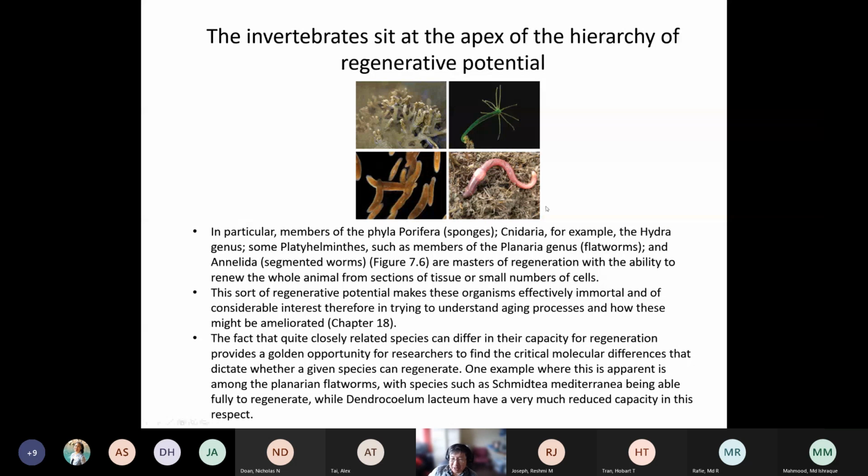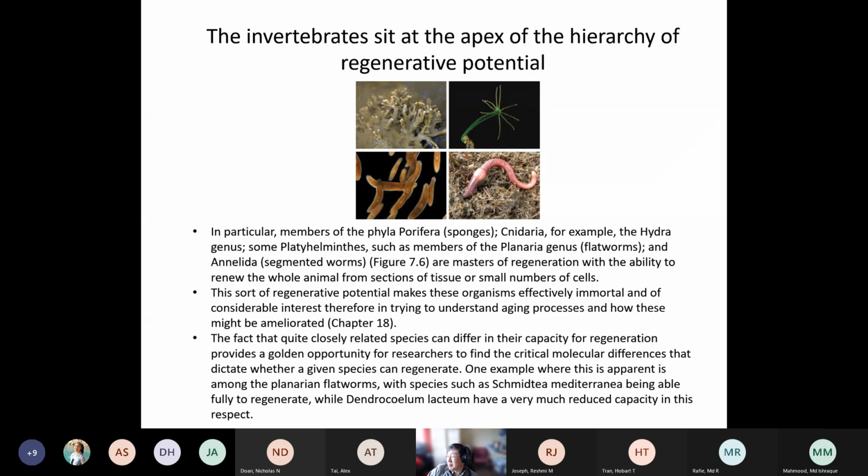Probably everybody has encountered an earthworm in the past, most likely. Sometimes you do observe there's a band in their body. That's because somehow, accidentally, they get amputated, but they can regenerate that part.